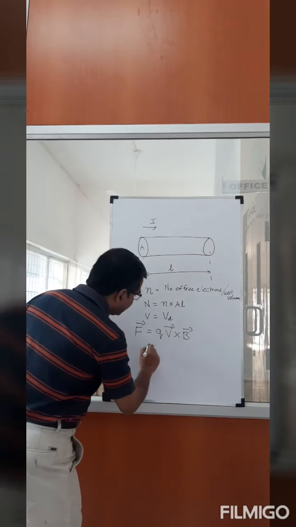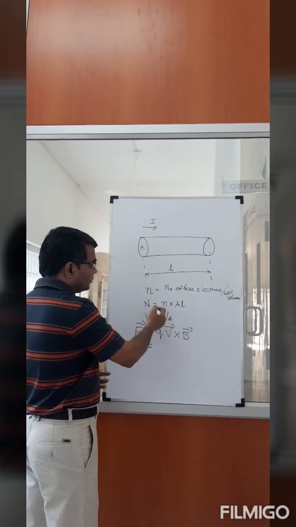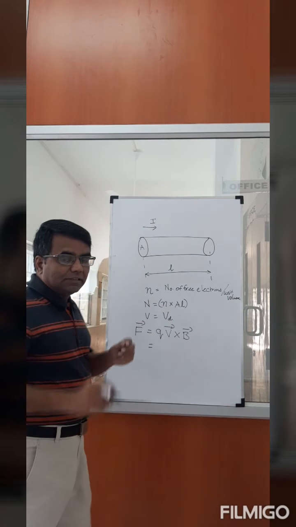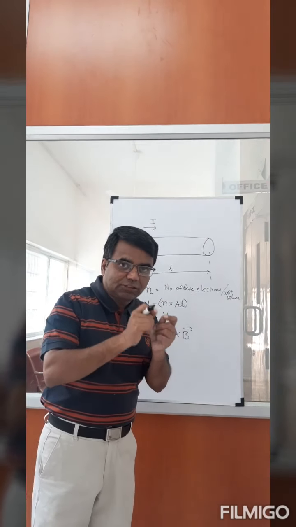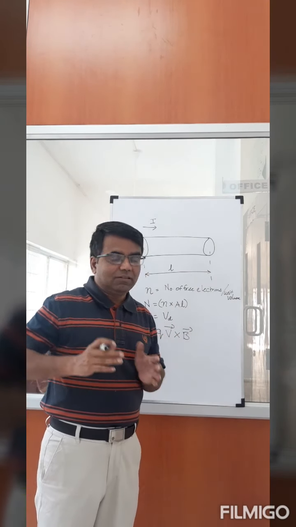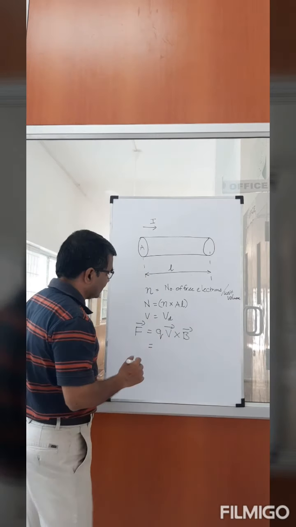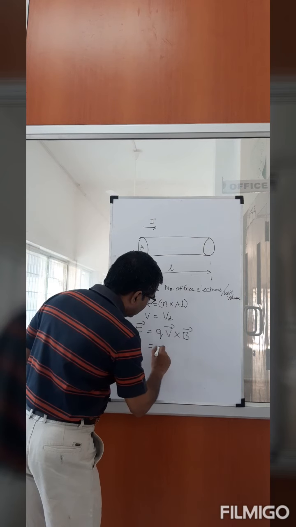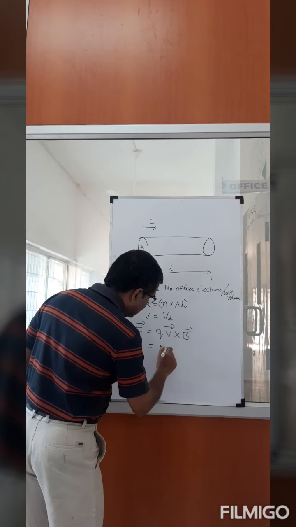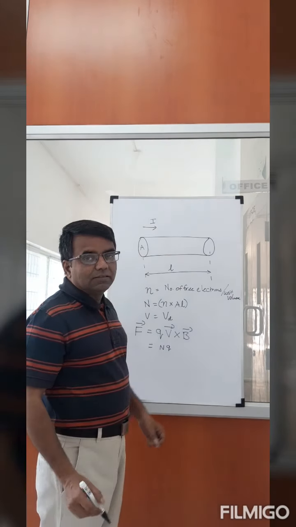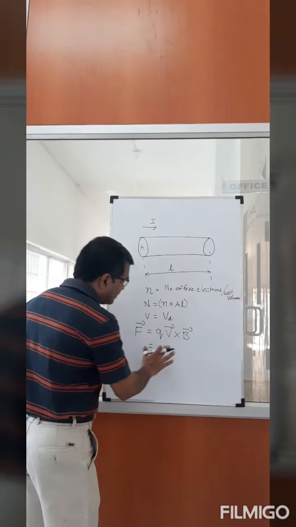So now, what is my Q? My Q is the charge on each electron times the total number of electrons that are moving. That's the total charge. So that would be N into Q, Q being the charge on each electron, or I can put e.